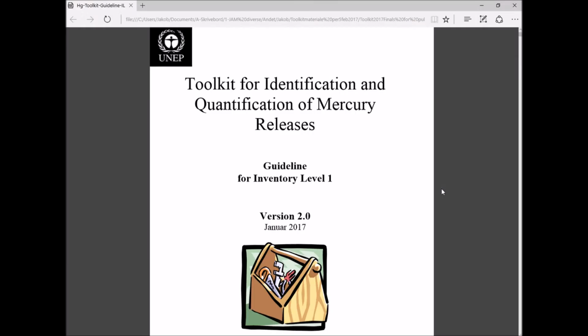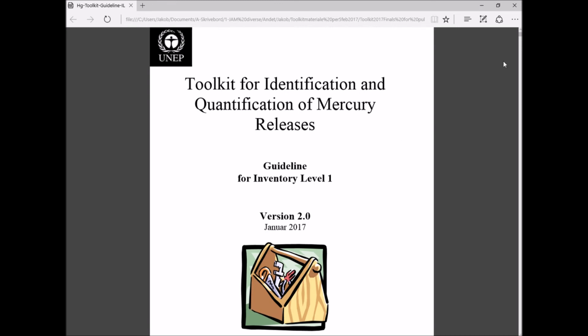This is about how to find the relevant mercury controls for other source subcategories. Similarly, if you want to collect data on mercury controls in other mercury source subcategories, similar tables with the relevant filter or mercury management solutions presented are shown in the guideline for inventory level 1 of the toolkit.